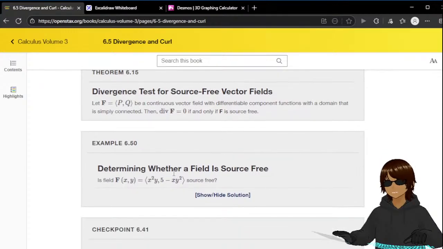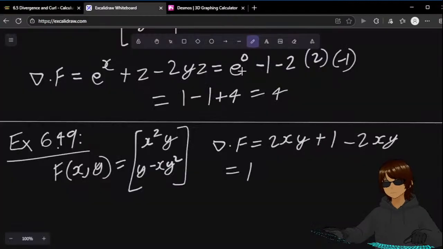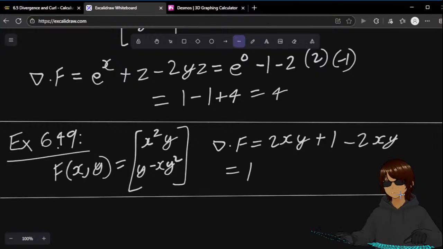So to determine whether a field is source free, you just have to check whether the divergence is 0, right?